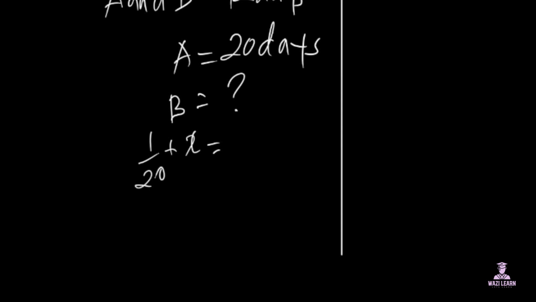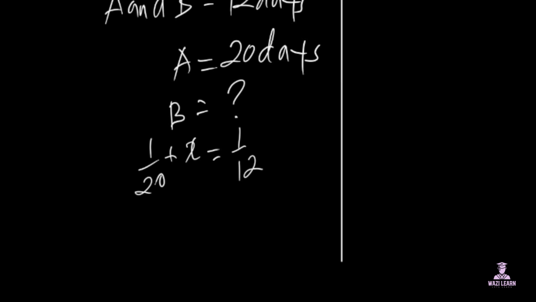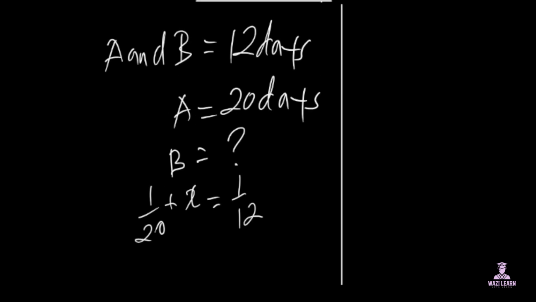But when they are working together, in one day they will complete 1 over 12 of the work. Let me explain. To get this, I'll just take, if B can complete the whole of the work in 20 days.